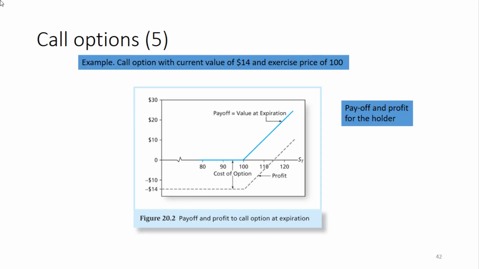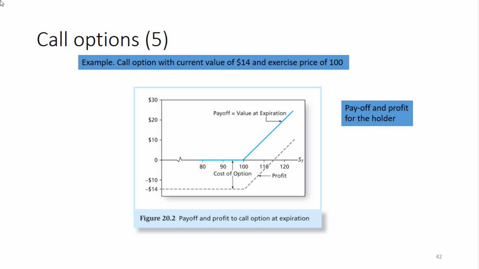So here is an example of a call option on an underlying where the exercise price is 100, and originally to enter into this contract the holder of the call option had to pay $14. Now there are two lines in this graph: a payoff and a profit line.